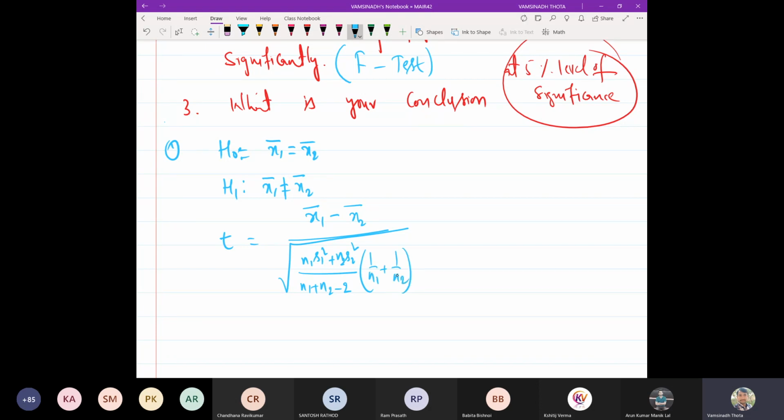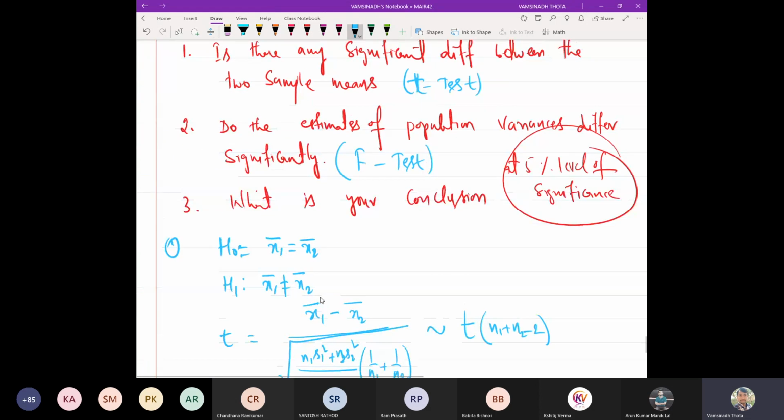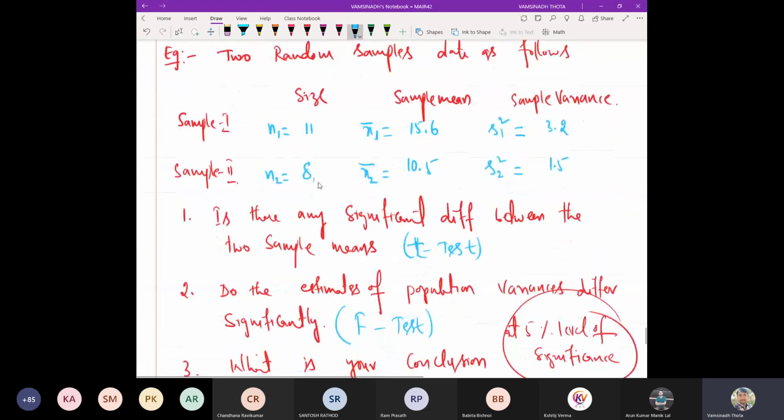This follows t distribution with n1 plus n2 minus 2 degrees of freedom. Everything is available here.